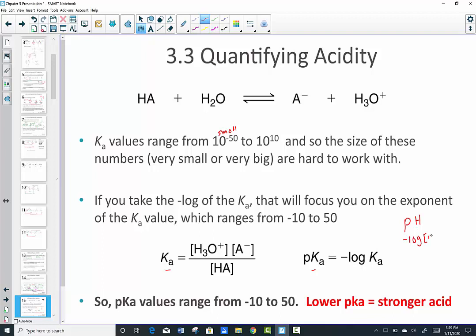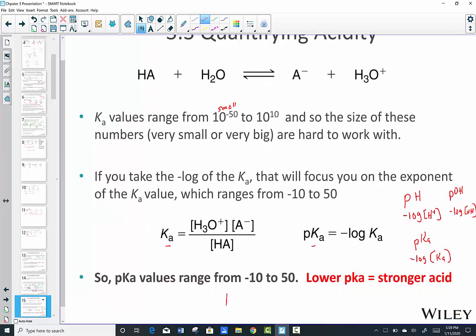So instead of having numbers like 10 to the negative 50 or 10 to the positive 10, you can just be looking at numbers from negative 10 to 50. That's much easier to manage. But keep in mind it's a logarithmic scale, so even a small movement of number is an incredibly large difference in value.